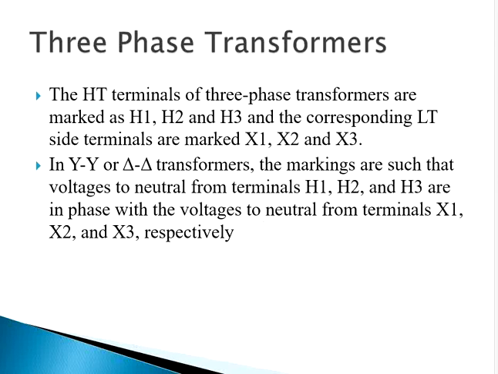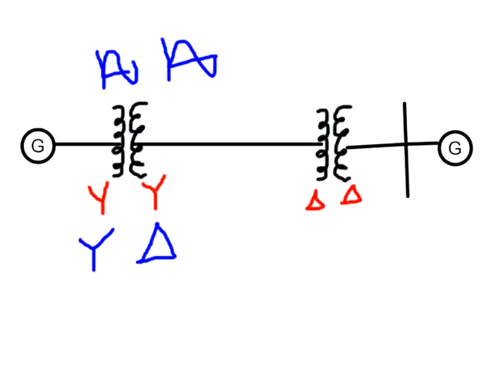This I will explain. Now, let us say this is a star-star connection. Here my transformer is connected in star-star, and I will take it as a three phase transformer.